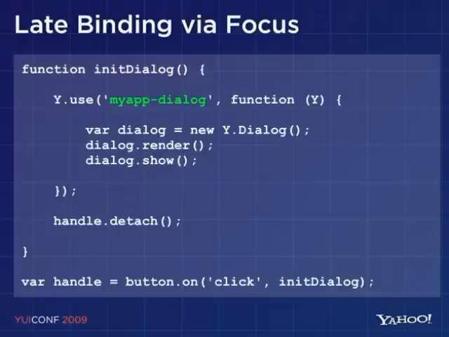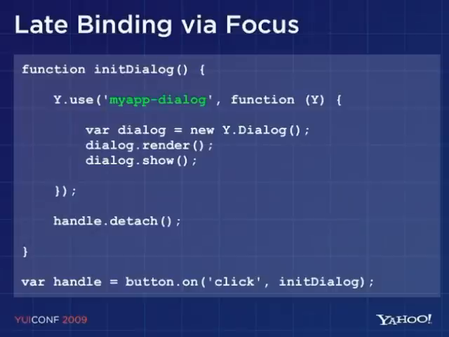So if I want to defer not only the creation of my dialogue, but the actual importing of the library code for my application that's responsible for creating that dialog widget, I can do that, again, using this detach method that I get back from my subscription to an event via on.